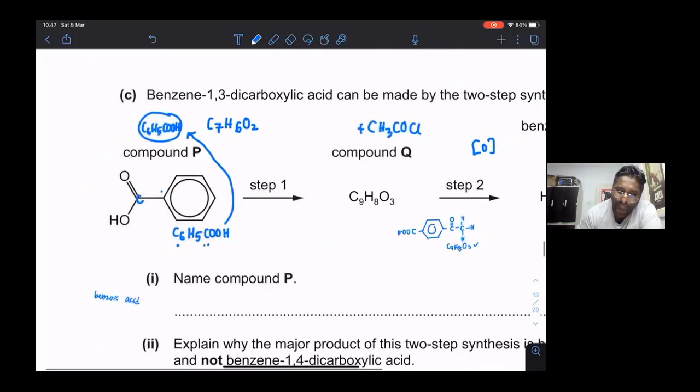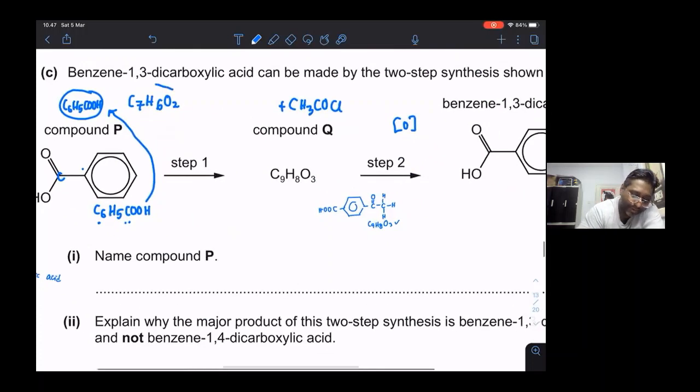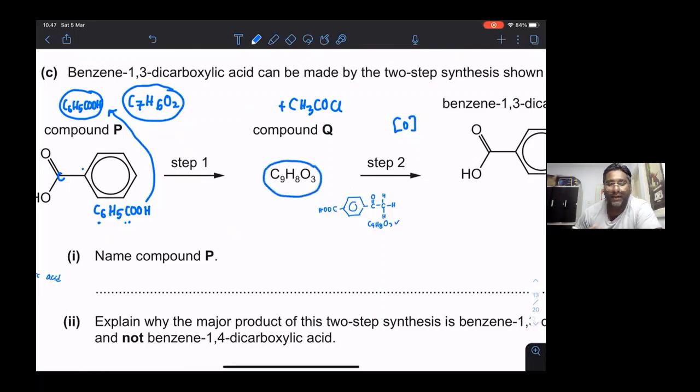So this one is this. Then what I notice is that in step 1 there is an increase of 2 carbons, an increase of 1 oxygen, and also an increase of 2 hydrogens.